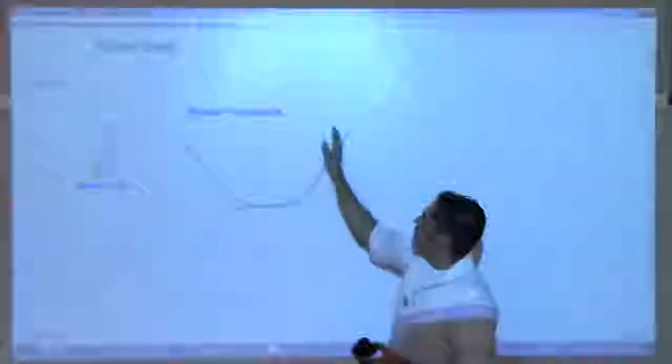The only difference is left side goes down, right side goes up. And then the fourth power looks like the parabola, but not quite, right? It's got a tighter turn down here, and it grows faster. So just be aware of power functions and their general behaviors, right? Even powers, like this, odd powers, like that.